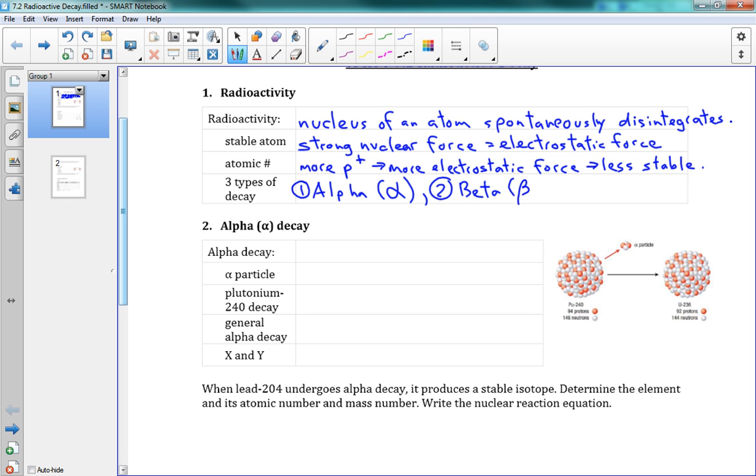It looks like a bee with sort of a funny hook on the front. And number three is gamma decay, and that is also a Greek letter. Those are our three types of decay, alpha, beta, and gamma. Those are the Greek letters that correspond to A, B, C, the first three letters of the Greek alphabet.